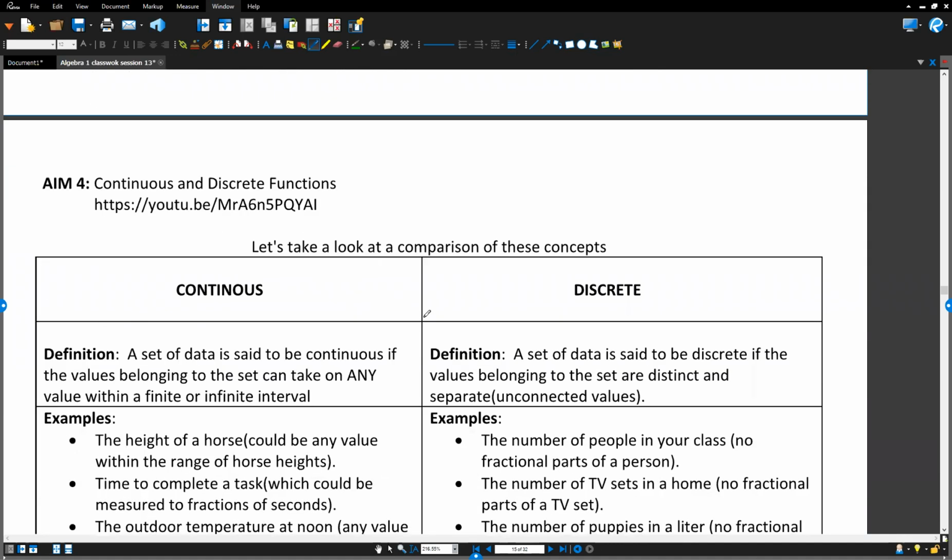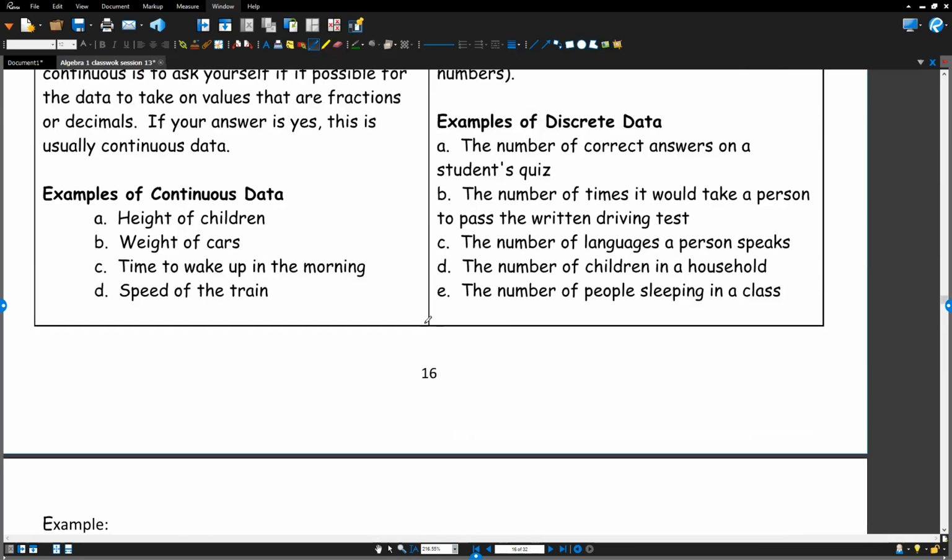Okay, now continuous and discrete. Continuous is the line. Discrete is not the line. Some selected points, that is discrete.